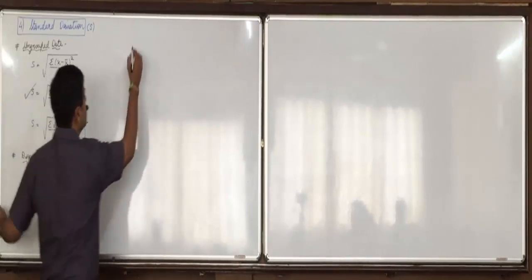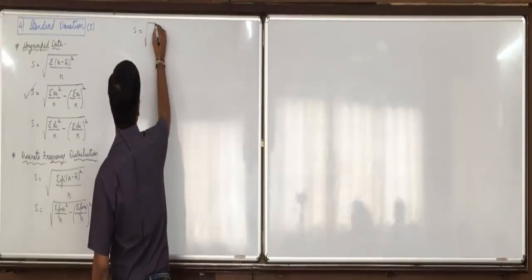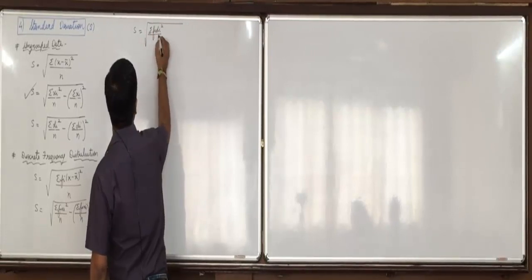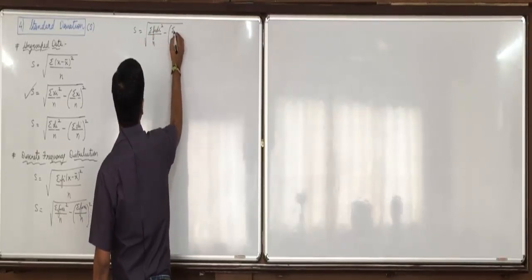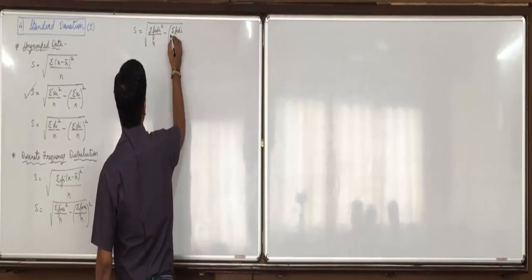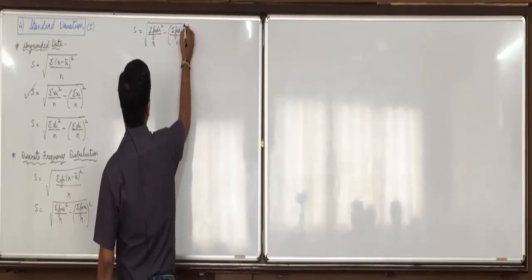And third formula is square root of sigma Fi di square upon n minus (sigma Fi di upon n) whole square.